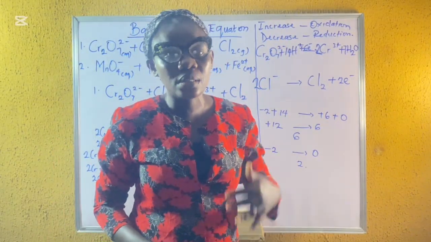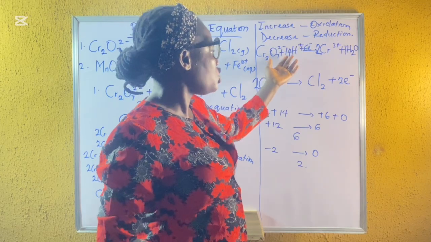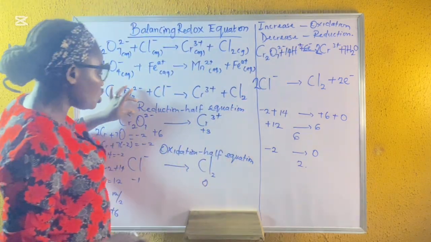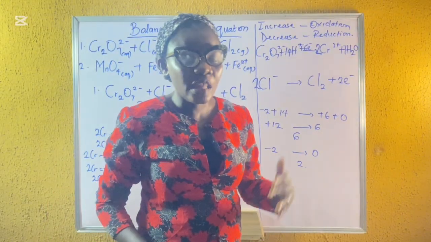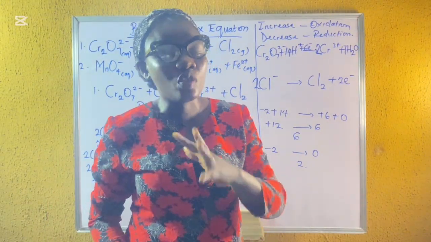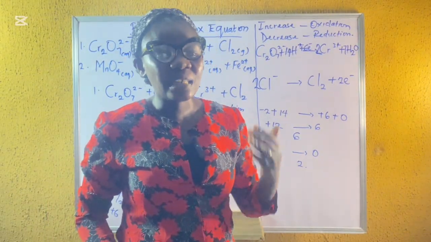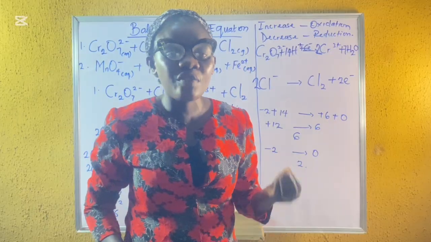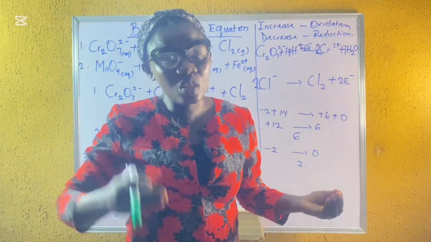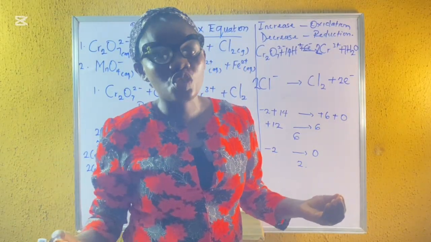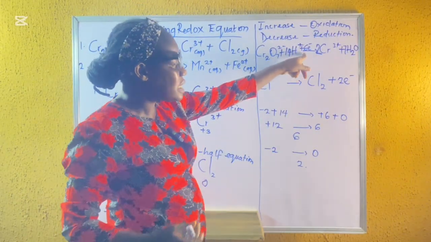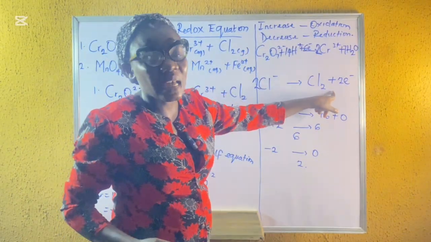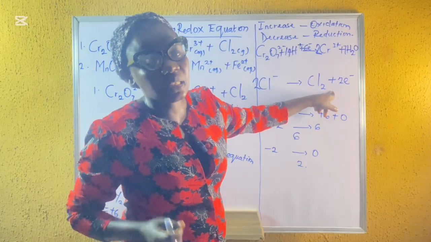So we have learned that there is the reduction half equation and the oxidation half equation. So when there is oxidation, basically there will be reduction. And when a sum of electrons is lost, it should still be the same sum of electrons that is gained.